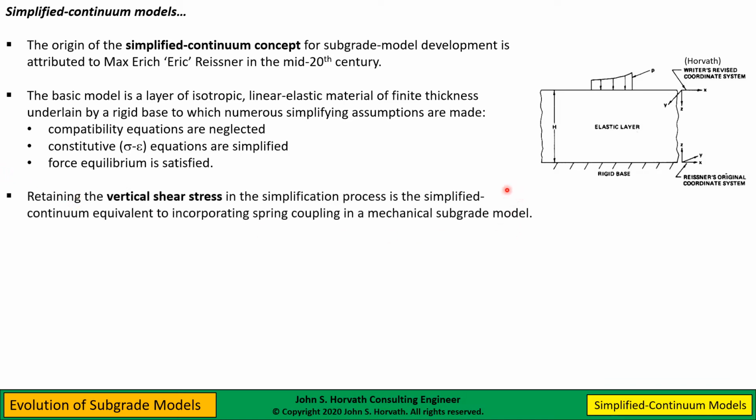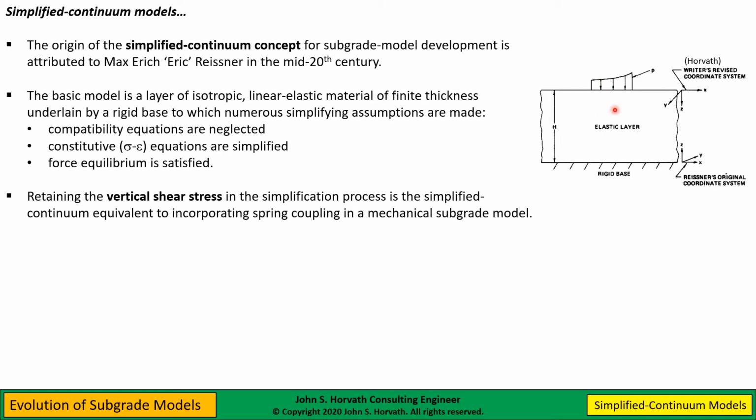I want to point out that in the simplified continuum concept for subgrade models, the vertical shear stress within this elastic layer is the equivalent of spring coupling in a mechanical subgrade model. So that really is the key element.